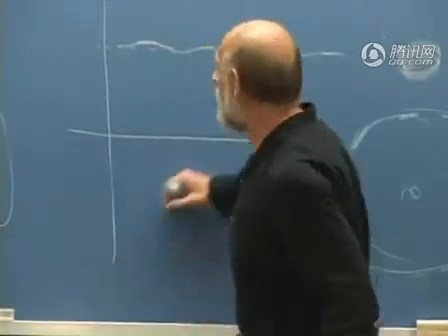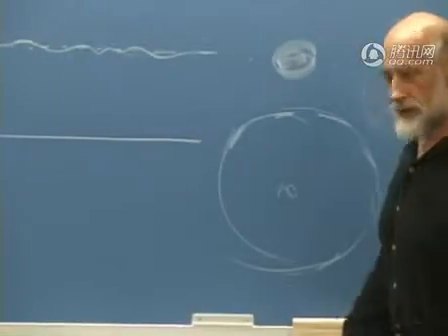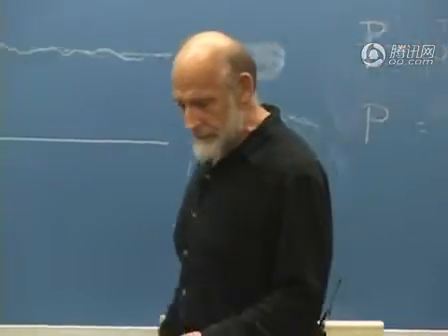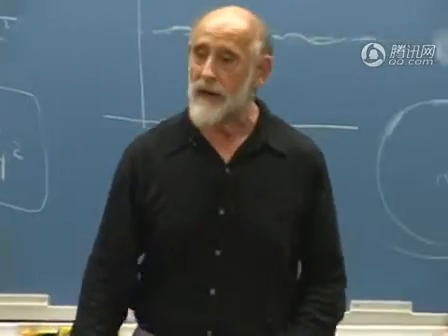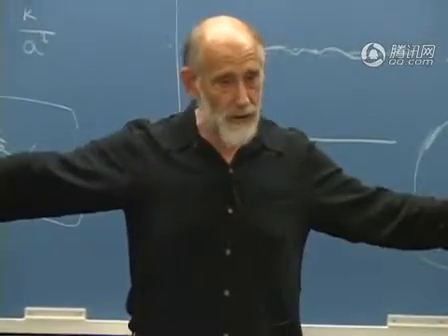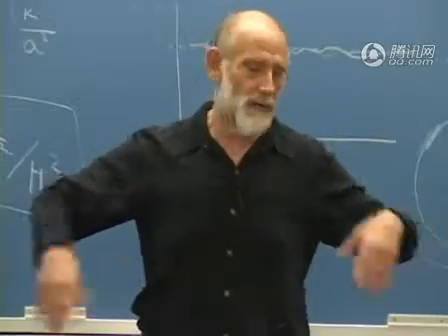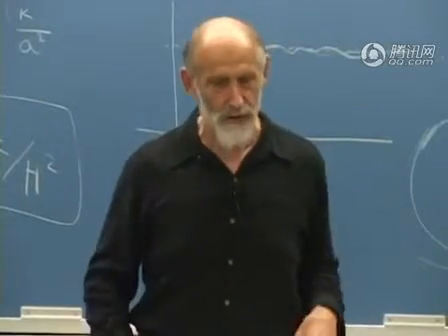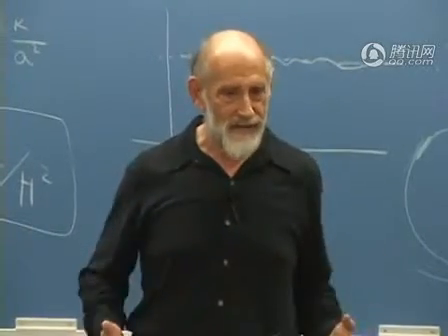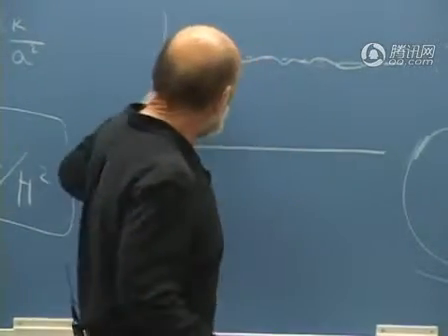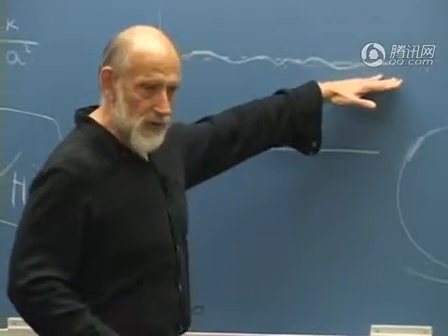These fluctuations are there because of quantum mechanics. They're remnants of quantum mechanics, and they would be there even if the universe had expanded by an infinite amount, or infinite, of course, is silly. Even if it had expanded by 10 to the 10 to the 10 to the 10 to the 10th, that would not have erased these fluctuations.